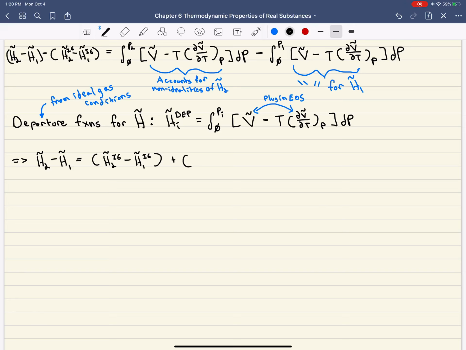And then we're going to add onto that the differences between the departure functions. Okay? Or once again, the first term accounts for changes between ideal gases, and the second term accounts for non-idealities.